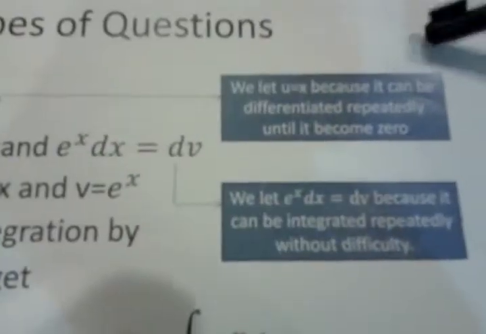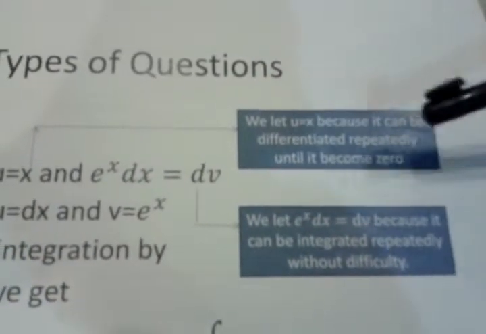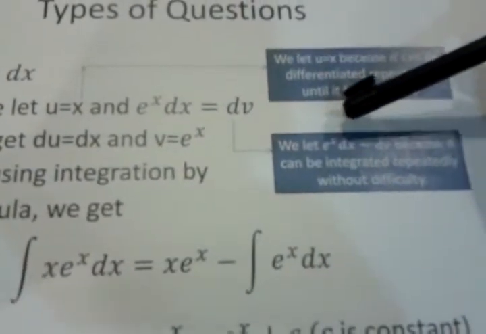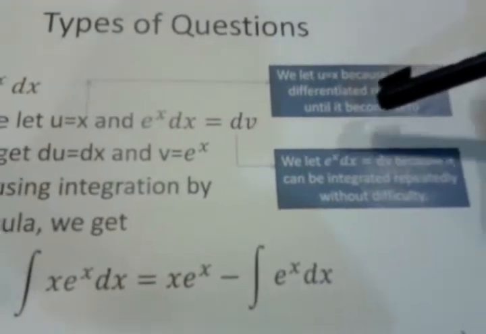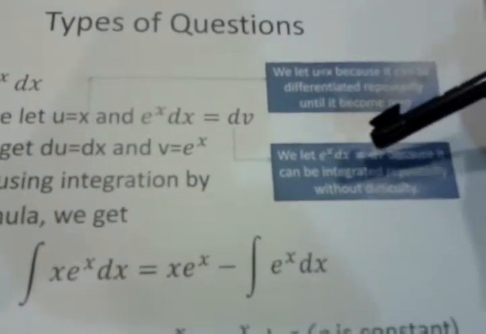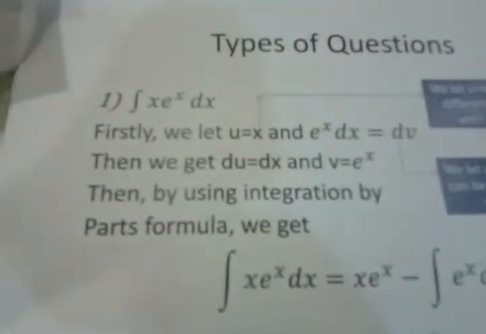Why do we let u equal x? Because it can be differentiated repeatedly until it becomes 0. Why do we let dv equal e to the power of x dx? Because it can be integrated repeatedly without difficulty.